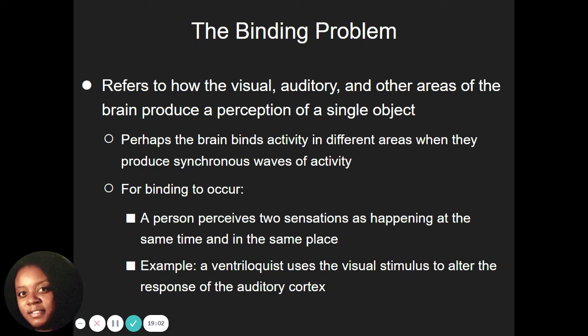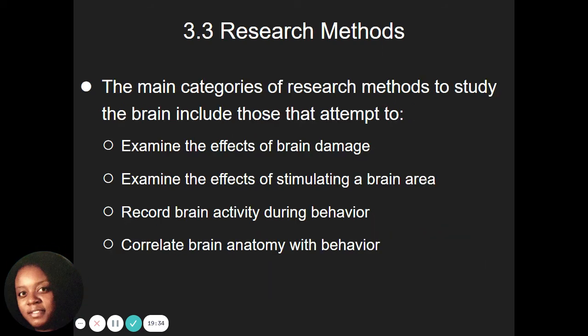In order for binding to occur, a person has to be able to perceive sensations happening at the same time in the same place. For example, ventriloquists use visual stimulus to alter the response of the auditory cortex, so binding needs to occur. There may be a theory that the brain binds activities in different areas when they have to produce things at the same time, synchronously.